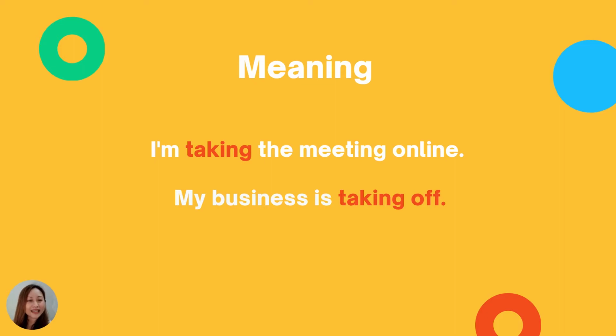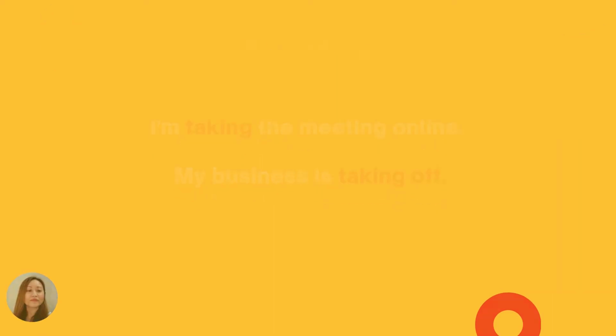So if you look at the verb taking, I'm taking the meeting online, meaning I will be attending the meeting online, is completely different when it takes on another particle such as off. Adding off changes the meaning of the verb. So now it's a phrasal verb, which means it's improving. My business is taking off. That means it's improving. It's generating income pretty well right now after the pandemic, for example.